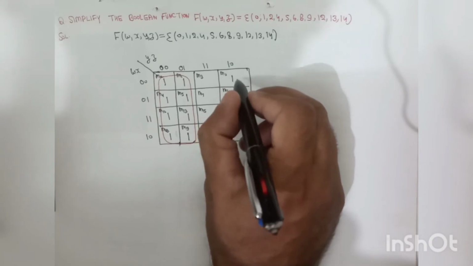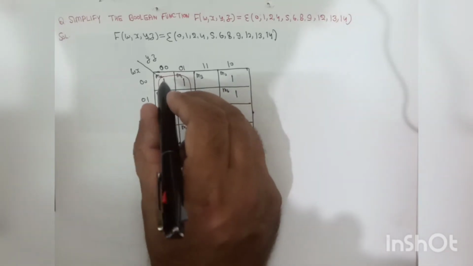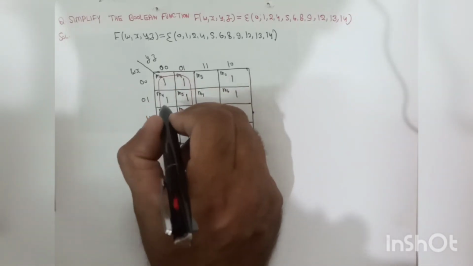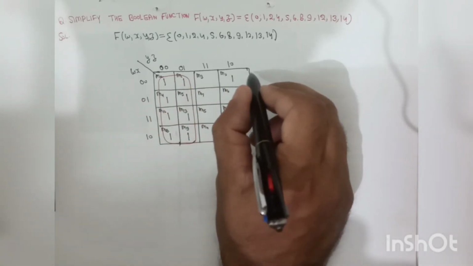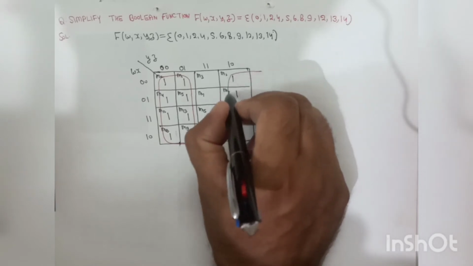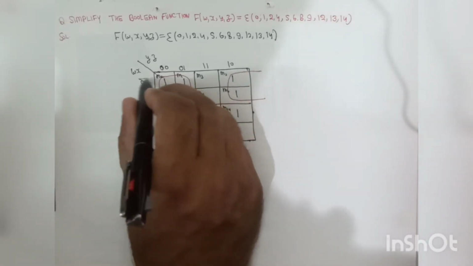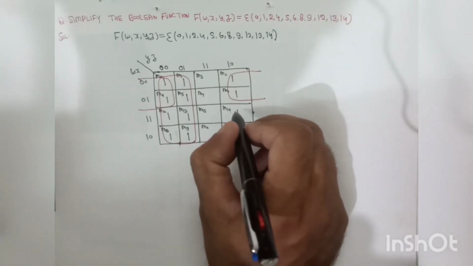These two, m2 m6 and m0 m4, may be combined to form a quad.